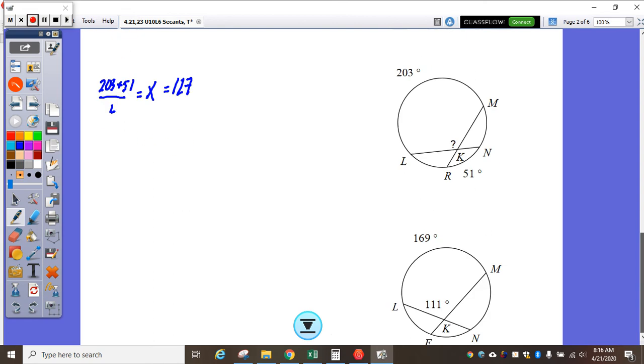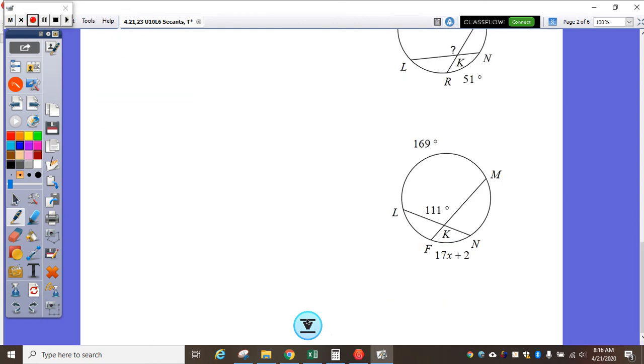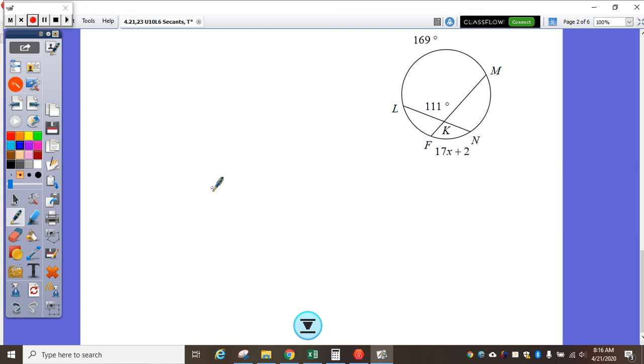So then finally, we're going to incorporate just a little bit of algebra into this, in that now we have to find the value of x. I have an arc. I have an angle. I have another arc. So I'll do the process the same way.